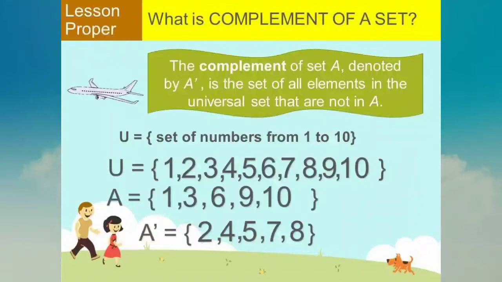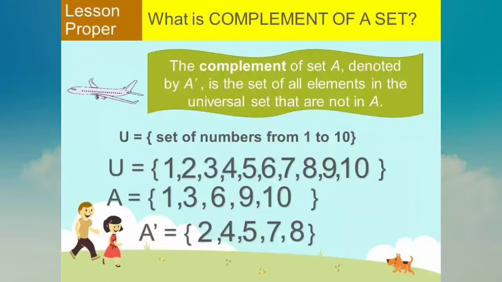U is equal to 1, 2, 3, 4, 5, 6, 7, 8, 9, and 10. For example, we have set A with the following elements: 1, 3, 6, 9, and 10.